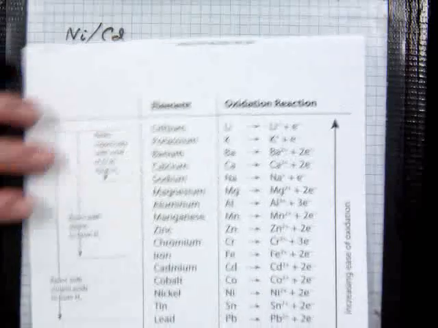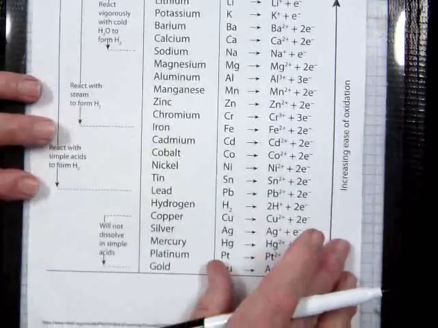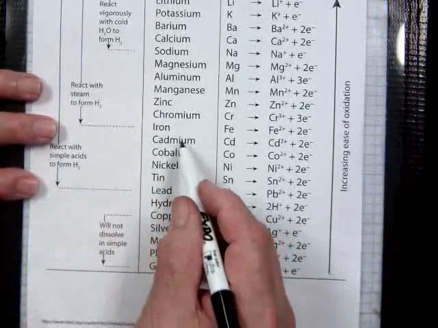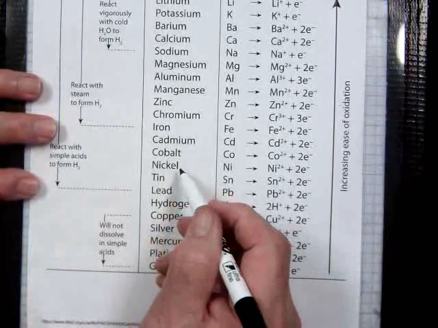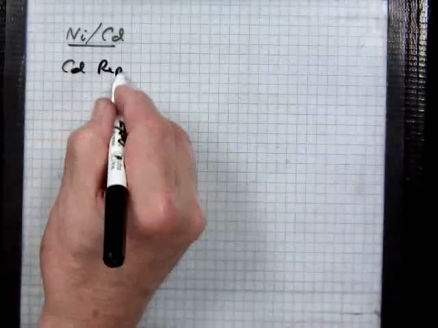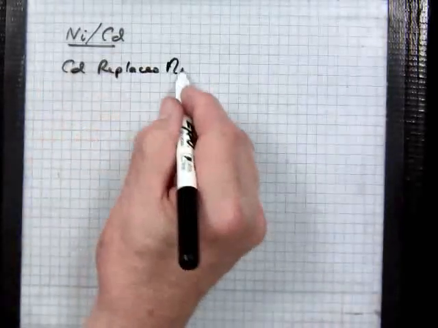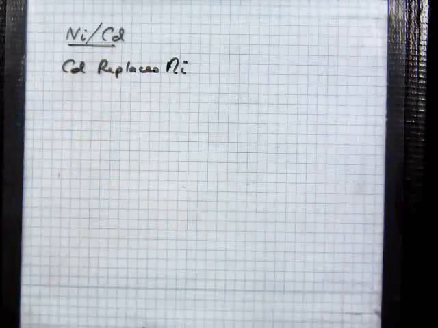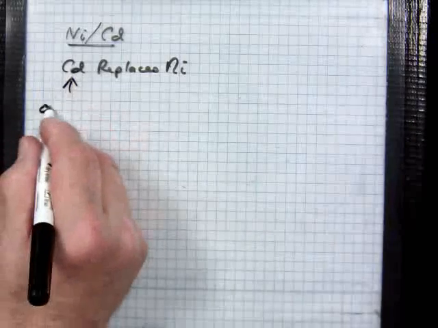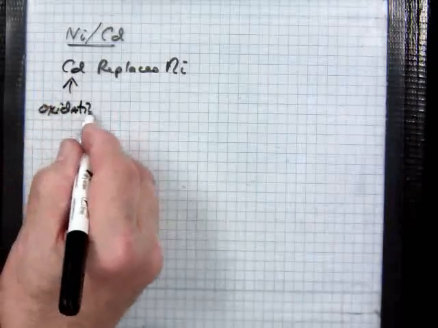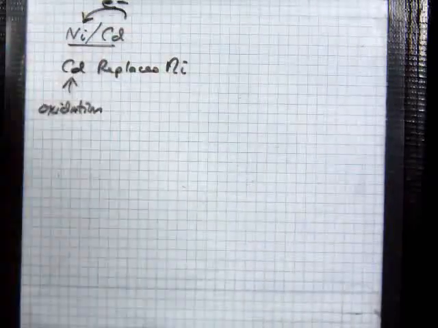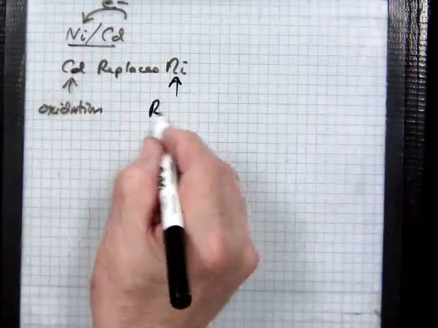So we'll see which one. And so we find nickel in here. Here's nickel, and where's cadmium? Cadmium is above it, so cadmium is the one that's going to replace nickel. So the one at the top is undergoing oxidation, because it's going to be sending electrons toward the nickel, which is undergoing reduction.